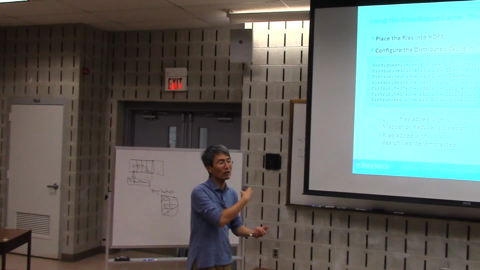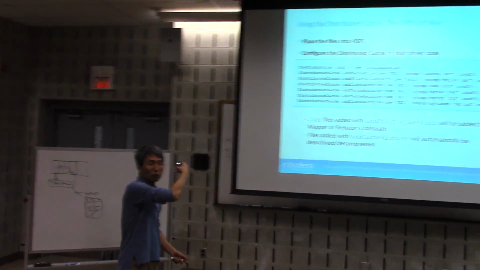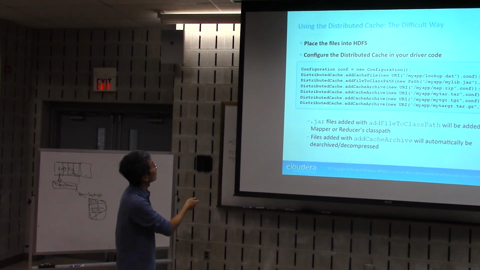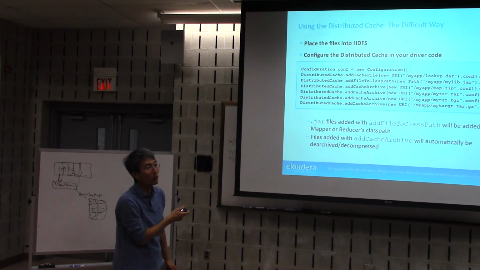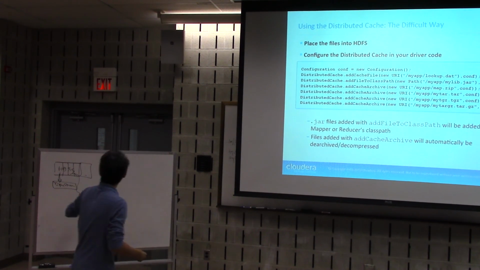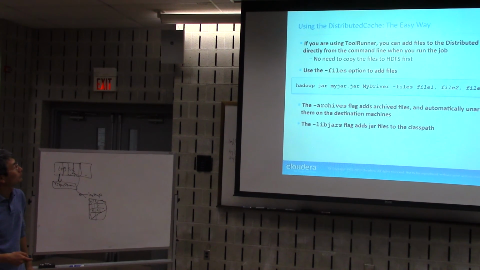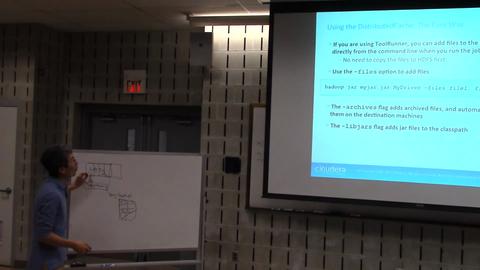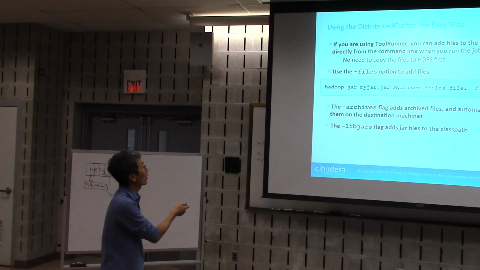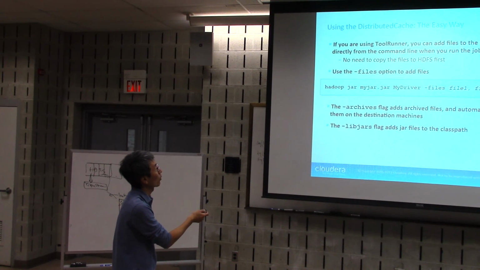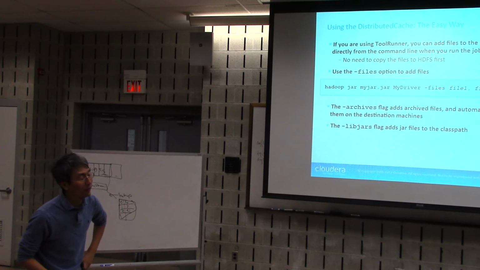It's the same as the setup method we saw before. So distributed cache, add cache file. If you define this in your driver code, it can be accessible by all the mappers. Then when you execute the Hadoop jar command, you need to provide all the file list. Then it can be accessible.